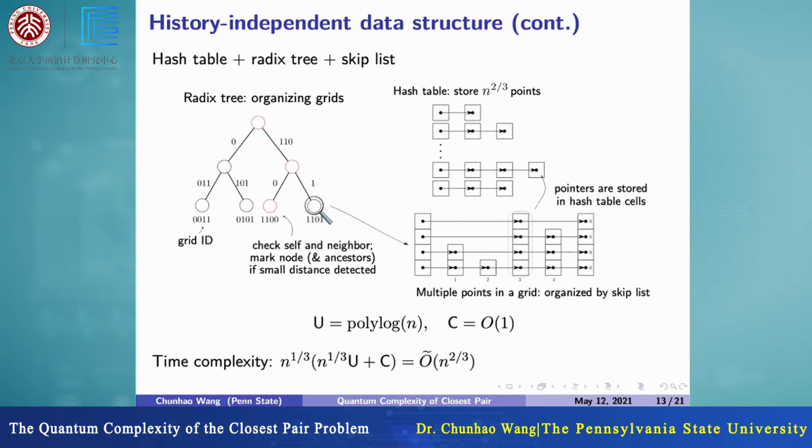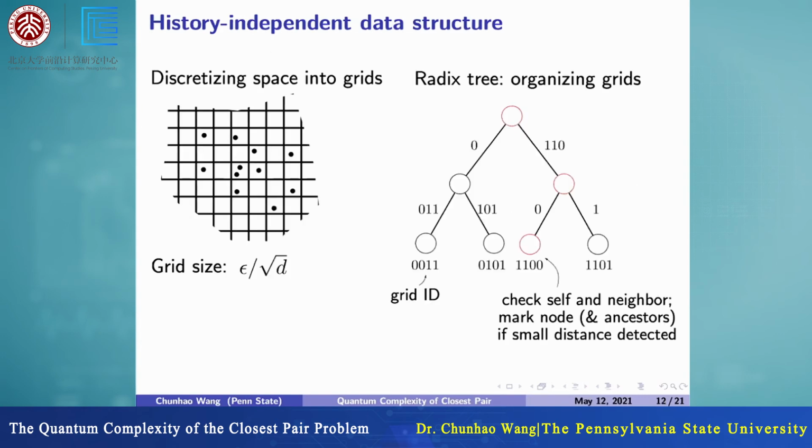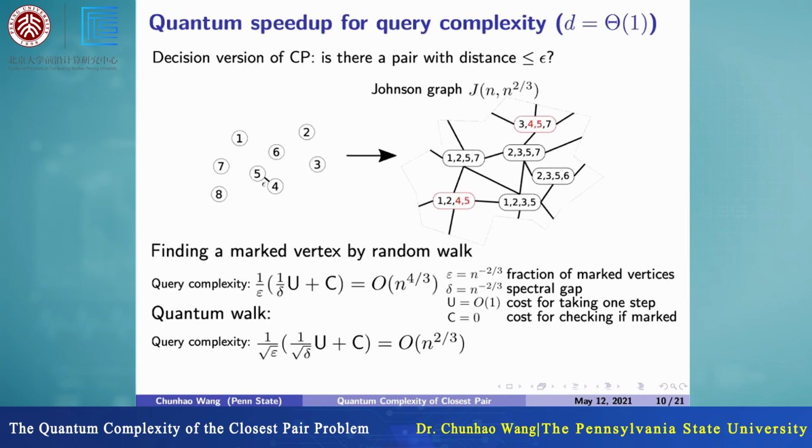This strategy tells us that when we are looking for quantum speedups, we don't need to focus on the best classical algorithm. For example, the random walk search is not the best classical algorithm.